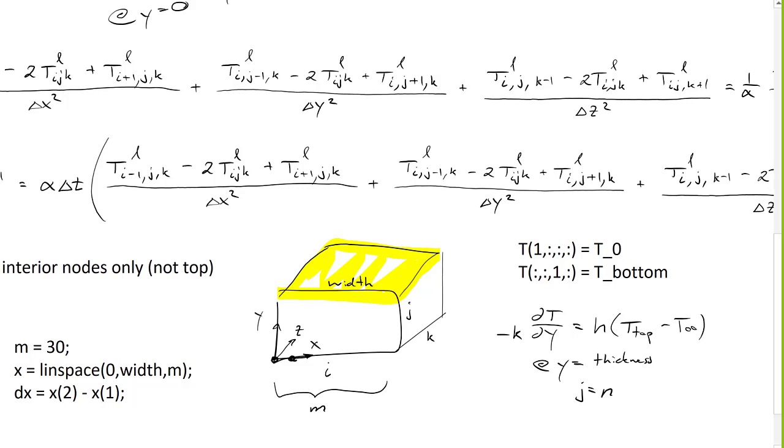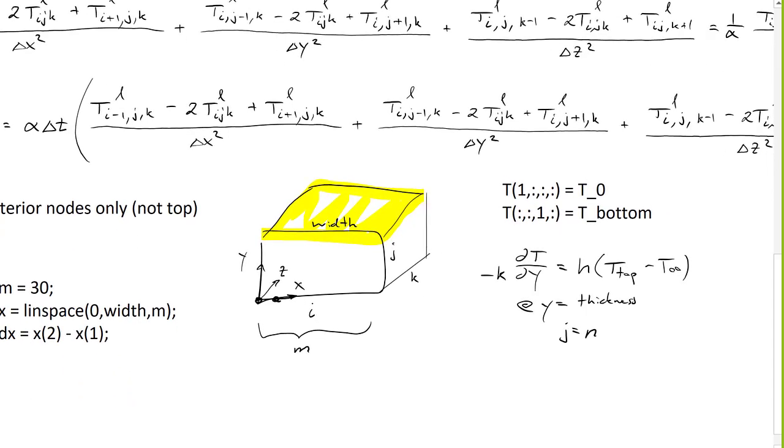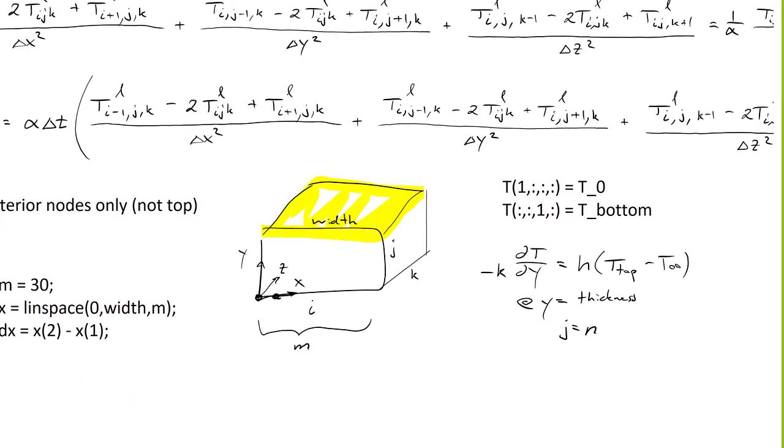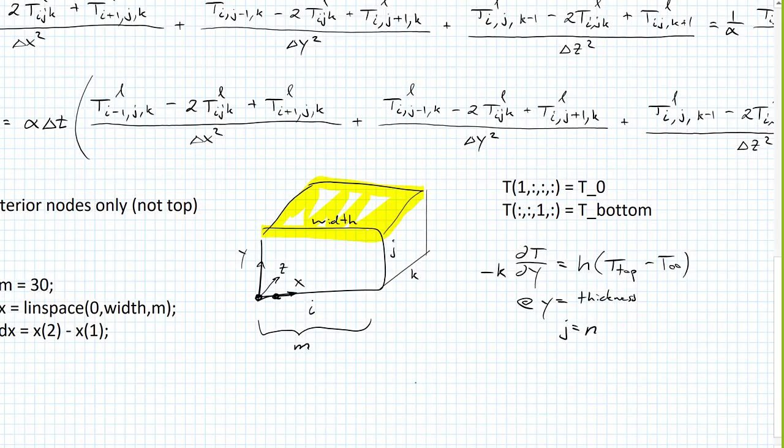Right. Okay, so let's discretize this then. The way this will look, we'll have negative k, and then T at i, j plus 1, k at some point in time, minus T at j minus 1 at k, and we're going to divide that by delta y.